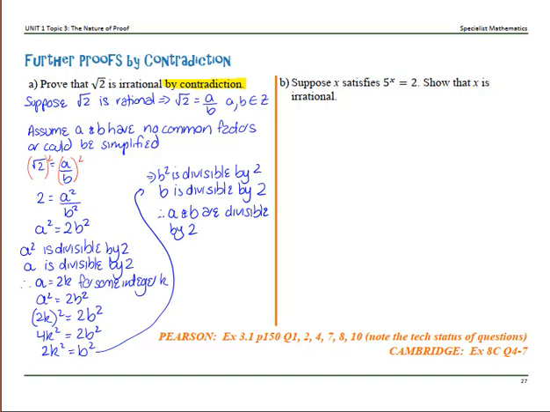But we started by saying, assume a and b have no common factors. So therefore, we've got a contradiction. Because we said a and b have no common factors.